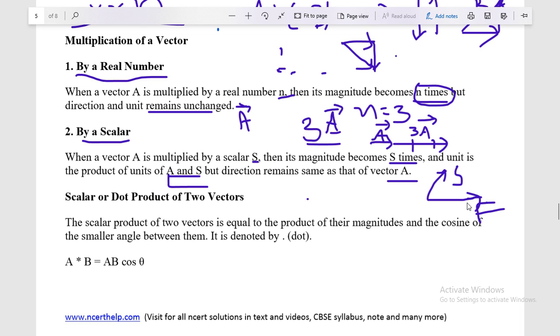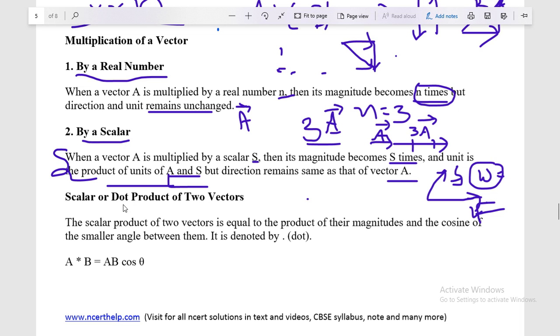So the final answer of this scalar product will be the work. That is a scalar quantity, it means it does not have any direction, but the unit of this work is the product of the unit of s and the unit of f. So this is the meaning of this statement. Okay, so this is the product by scalar.